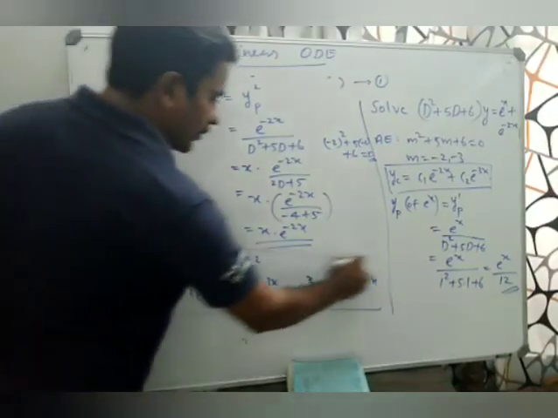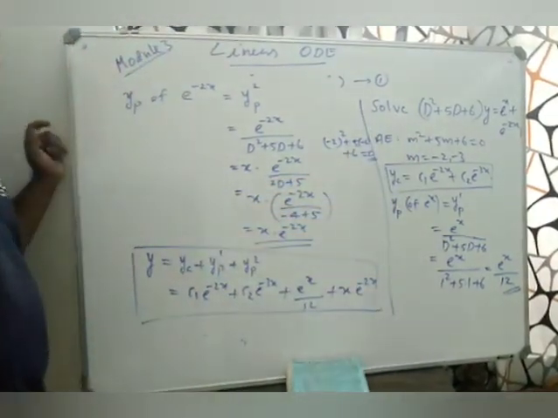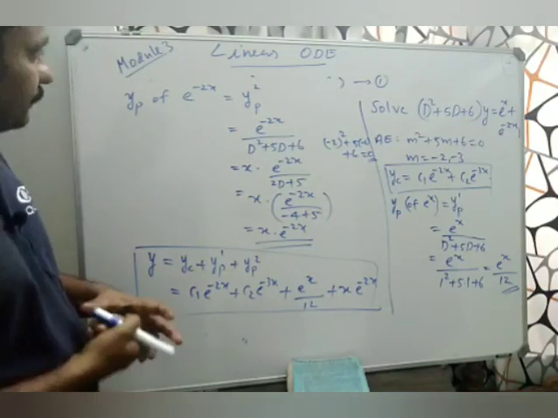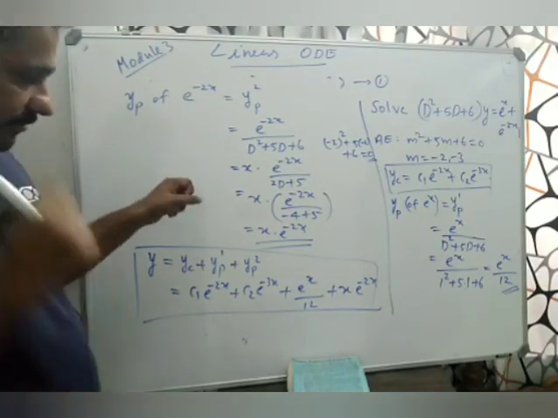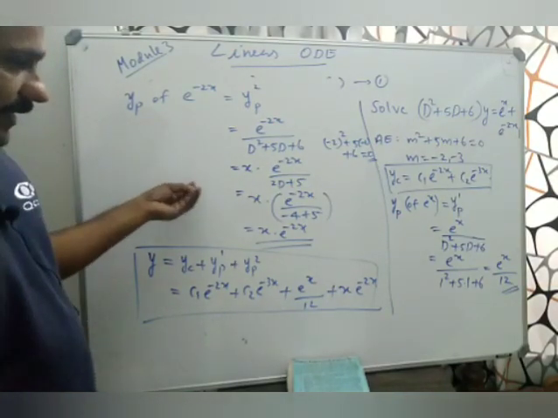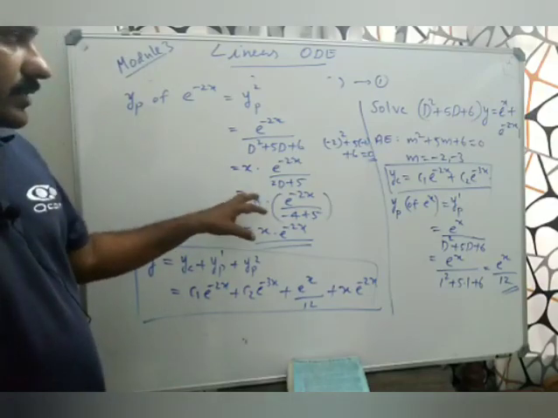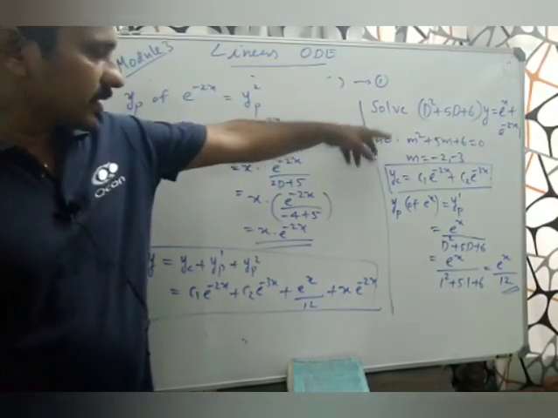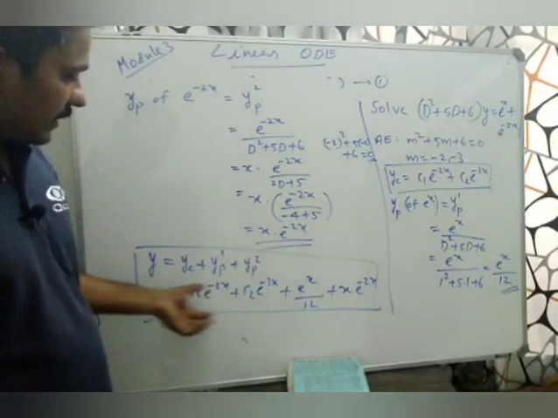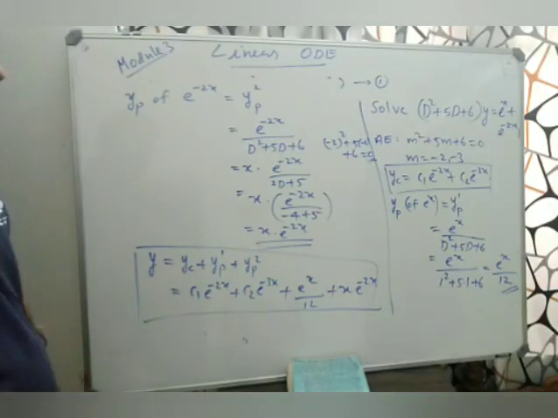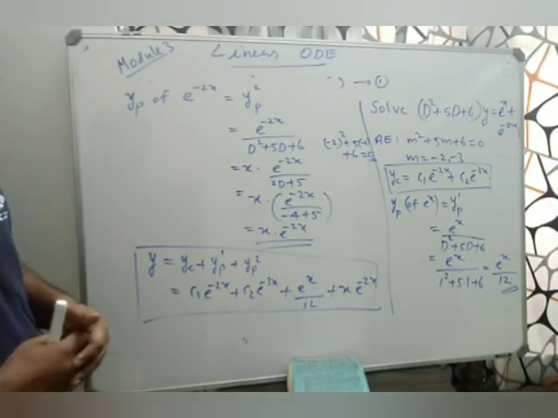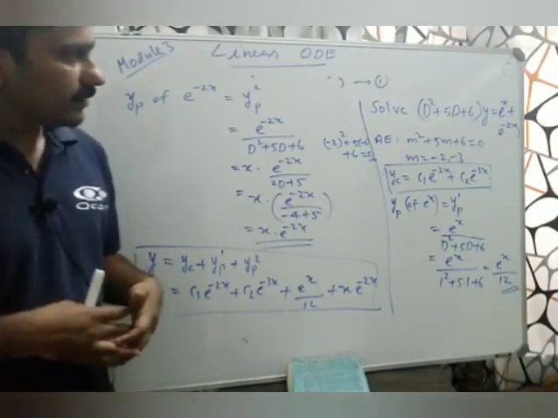This is the solution of this differential equation. All right, and this is the first case: if the right side is an exponential function, this is how we find the particular integral and final solution. Now we move on to the second case.